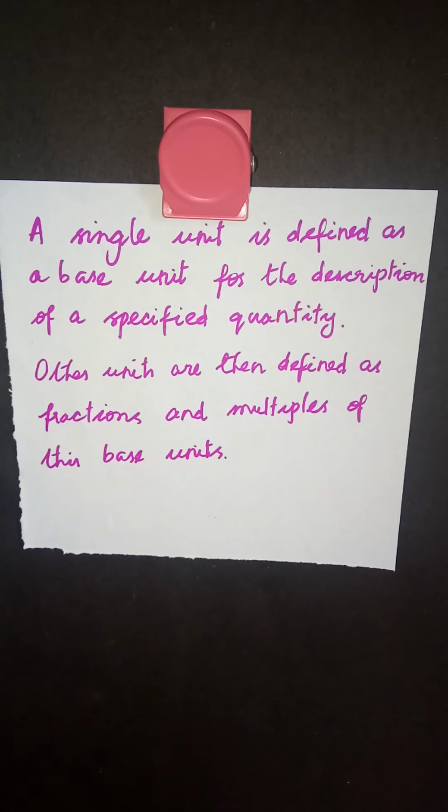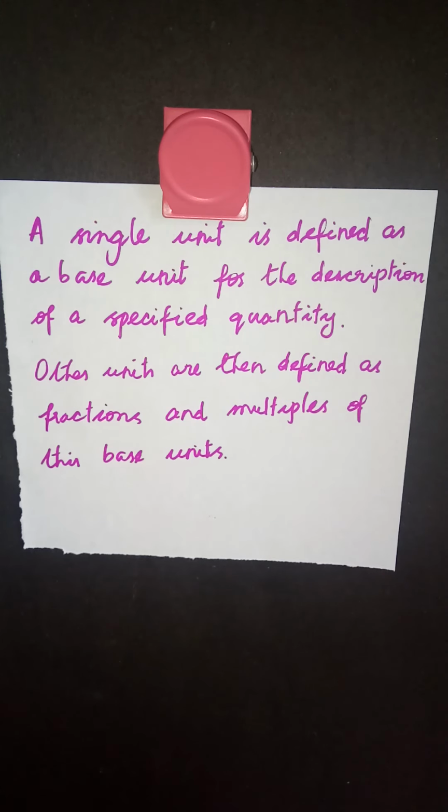But they use other units such as inch and foot. Inch and foot are smaller than yard and they are called fractions of yard. Same way, mile is also used. Mile is a multiple of yard because it is bigger than yard. So these are smaller and bigger units than the main units.